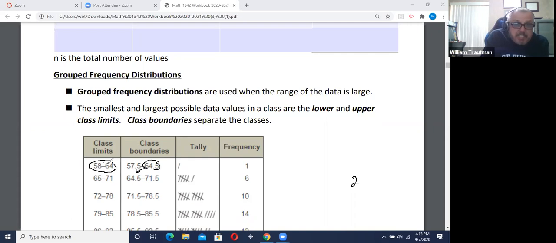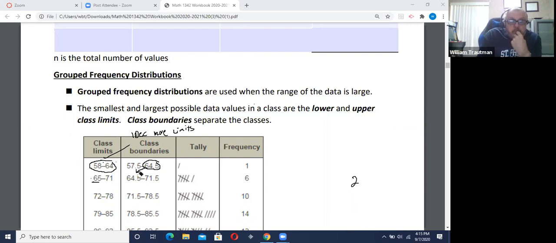But the next limit starts with 65. So there's a gap between 64 and 65, but we don't have any decimal numbers. The limit is what our data is. So our data is whole numbers. Our boundary always has 1 decimal more than our limits.